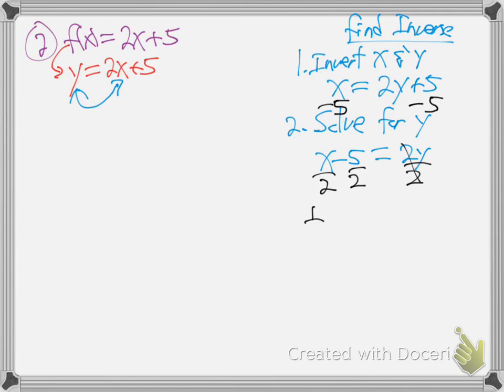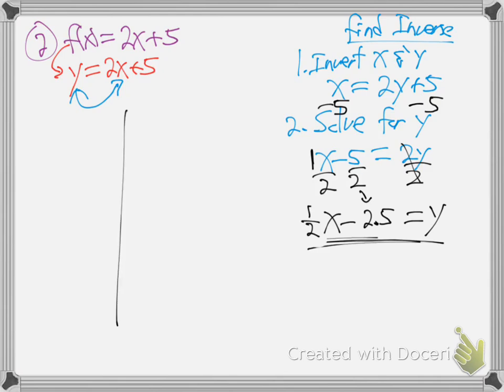And so that is a half x minus, and then 5 over 2, you should use your calculator, it's 2.5. There we go. So that's the inverse function. See how I got that? Because that was 1 over 2x, which is a half x, minus 2.5 equals y.